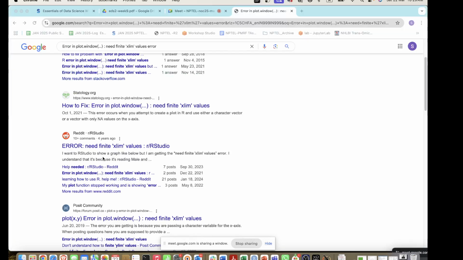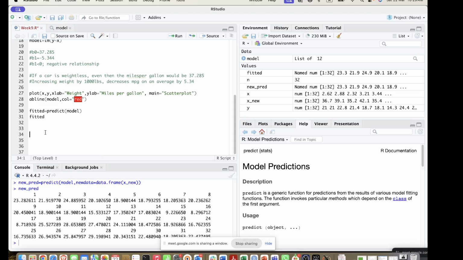And then if we want to get the residuals, we should write resid and then model.